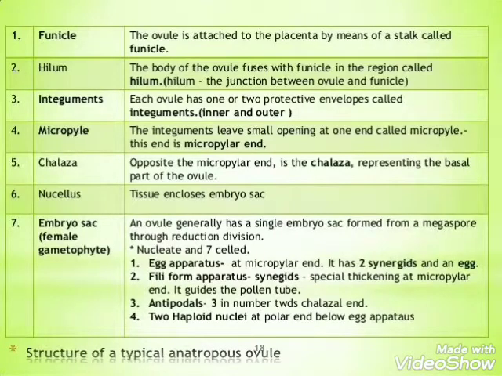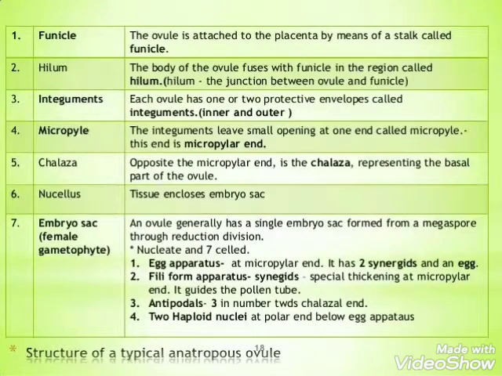These integuments encircle the ovule entirely except at the tip, resulting in the formation of a small opening known as the micropyle. The basal part of the ovule opposite to the micropyle is called the chalaza. The cells with abundant reserve food material, enclosed within the integument, are known as the nucellus.